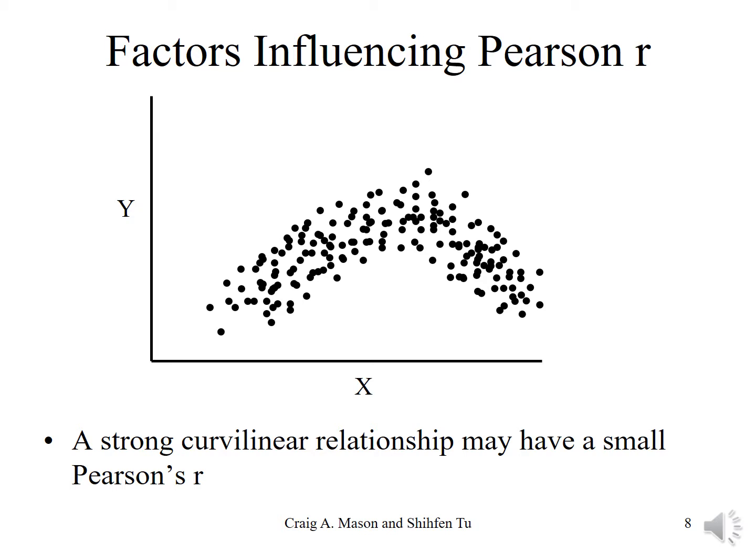Another situation is where you have a curvilinear or nonlinear relationship between your variables. Pearson's R assesses that straight line linear association. Even a very obvious and very strong U-shaped association will be missed with Pearson's R. Now, if it's curved but still has an overall positive or negative trend, maybe it's U-shaped but dips more at one end of the scale, you may see a small correlation that reflects that trend.